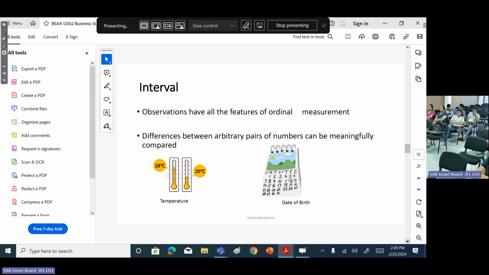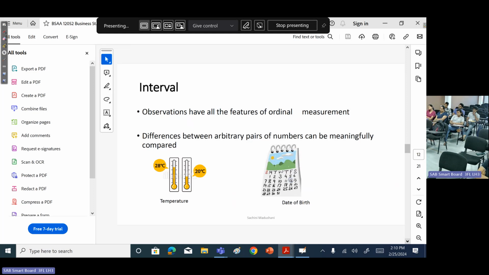Then the other main feature in the interval scale: do you know about the zero? Normally what does zero mean? See, if in this classroom there are no students, the number of students in lecture hall number 3, we put 0.